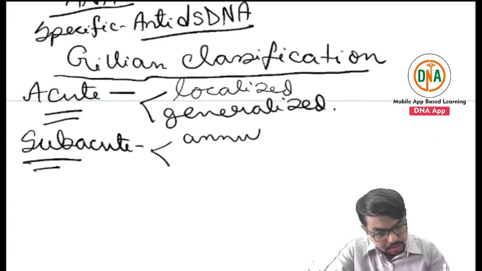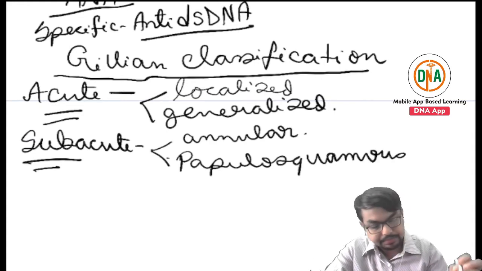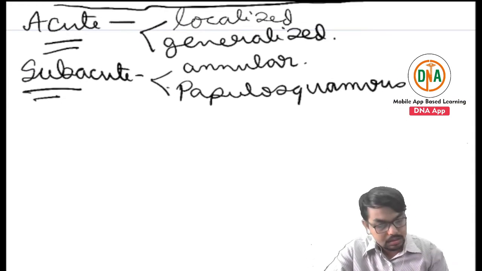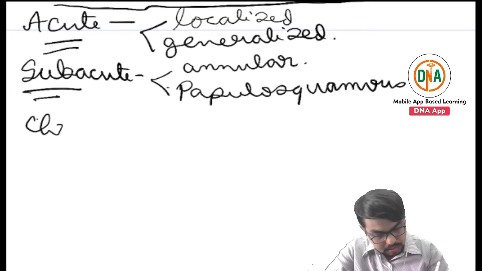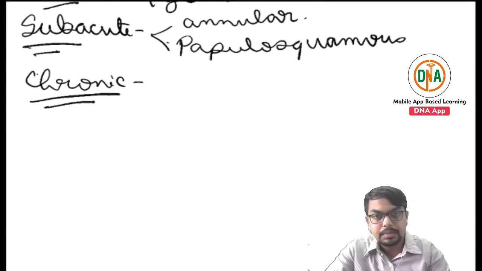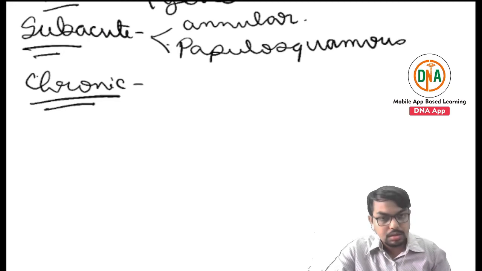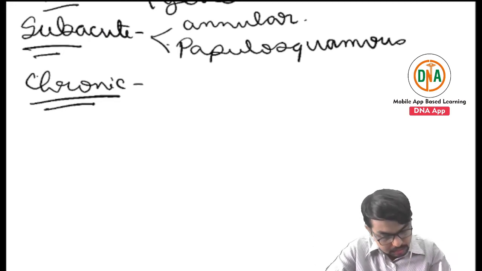There are annular lesions and papulosquamous lesions. Third one is chronic. This is important for us. Chronic lupus erythematosus. There are various types of chronic skin lesions of lupus erythematosus.